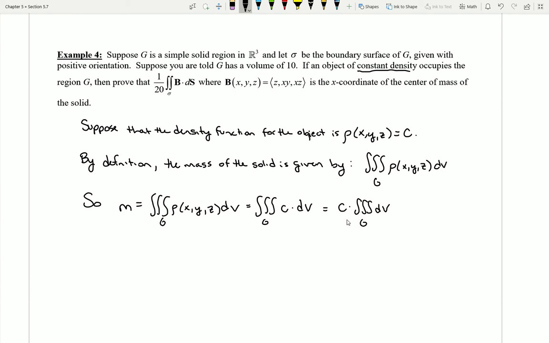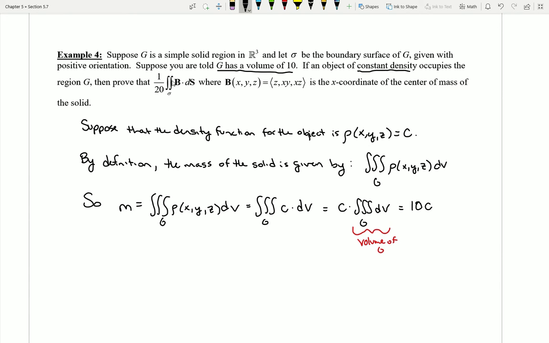And if I look then at the triple integral that's left, what does this triple integral represent? Well, yeah, again, it represents the volume of G. And in the question, weren't we told the volume of G? Yeah, we were told that G has a volume of 10. So ultimately, this is going to be 10c. The mass of this thing is 10c.